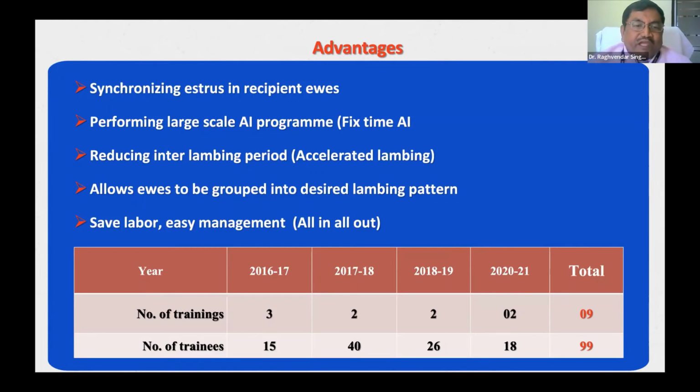You can design the breeding your own way. Most importantly, you can save labor, manage easily, and handle all the lambs in a very short period of time. Within 2 to 3 days all the lambs are born, and you can carry out all management practices together.